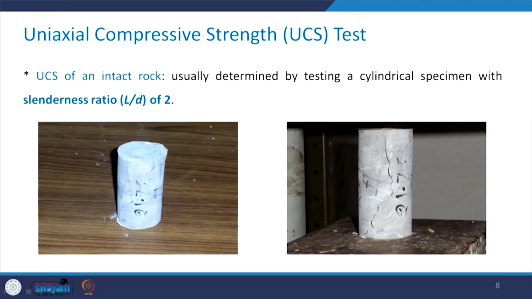Now, these are the 2 pictures taken after the conduct of the UCS. This was just to show you how the specimen looks before, which I have already shown you, and after the test.